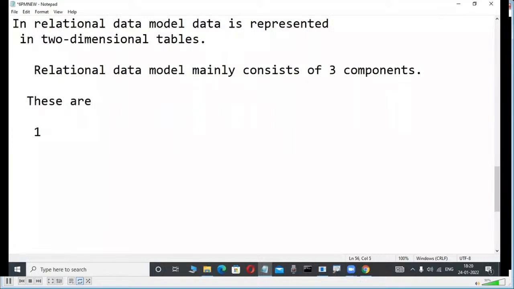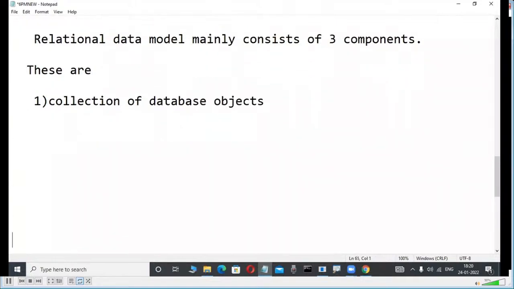What is the first one? A simple collection of database objects. In software like Oracle, SQL Server, and DB2, a collection of database objects is available. What is this? That is what we learn daily.